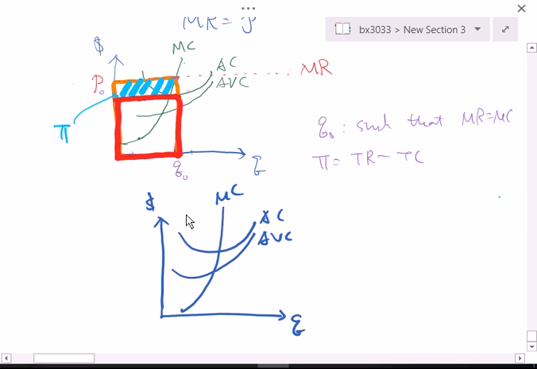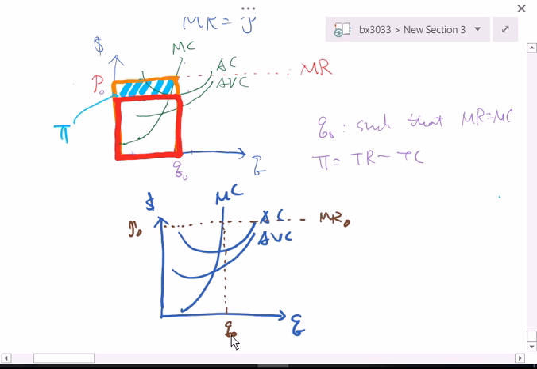Suppose initially the price level is at this level. Let's call this PO. The firm's optimal level of output is where MR equals MC. So this is actually MR, and at the intersection point of MR and MC, the firm wants to produce QO.